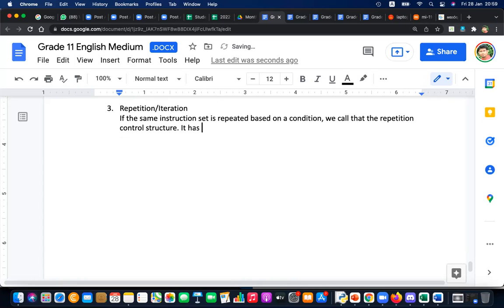It has 3 basic features: the start, step, then end.